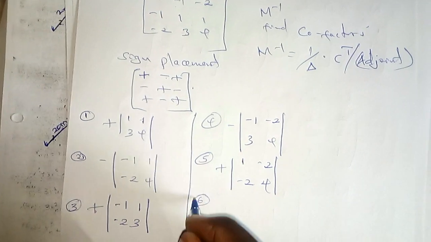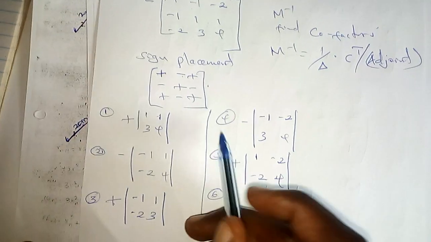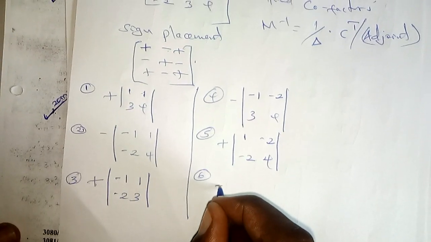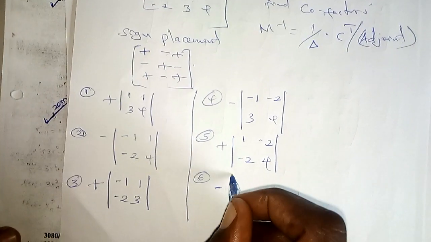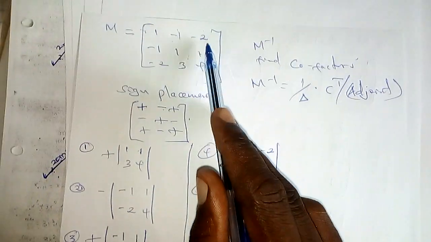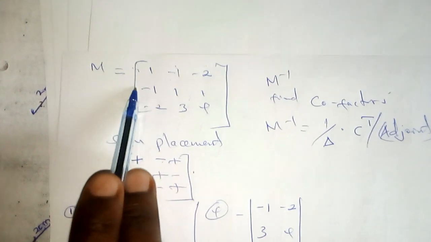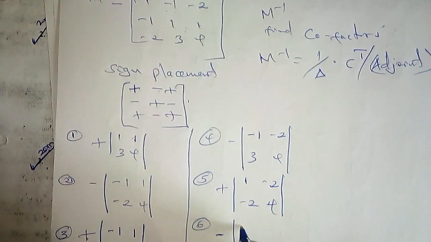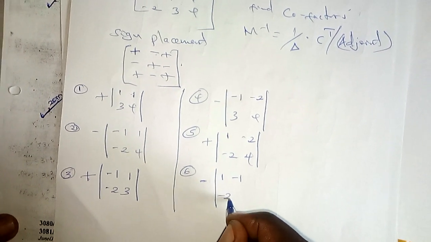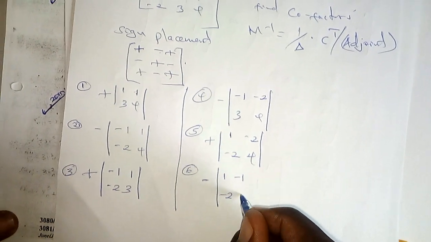Then cofactor number 6 we apply the negative sign. We block this column and this row. The remaining part is 1, negative 1, negative 2, 3.